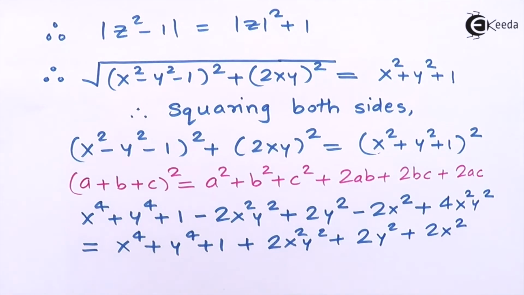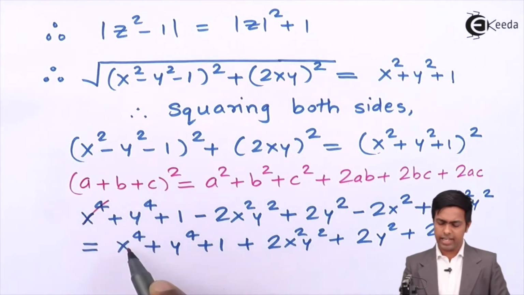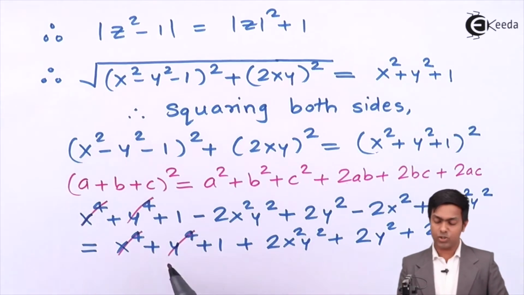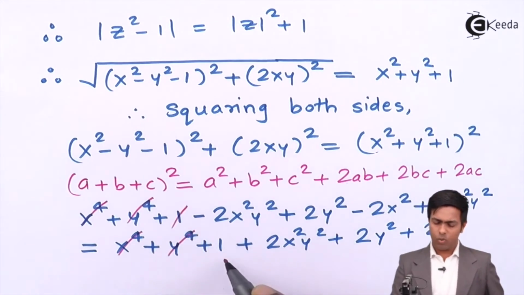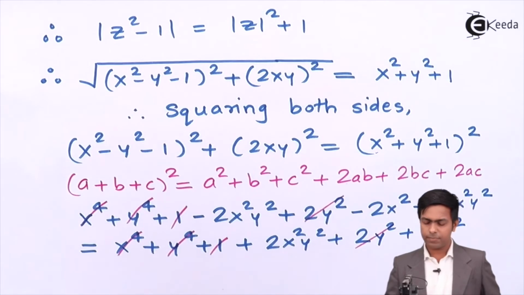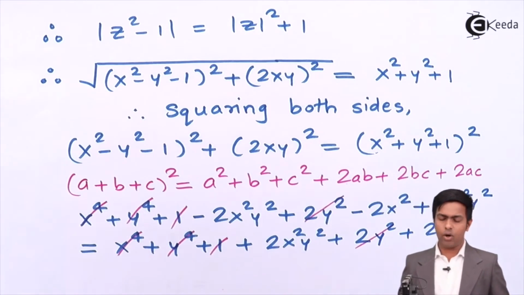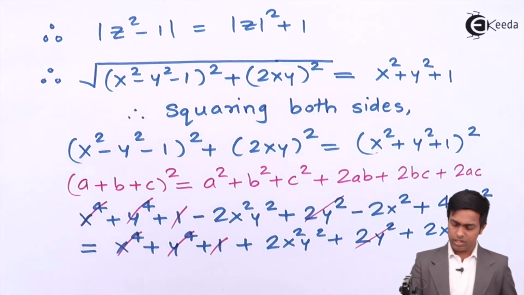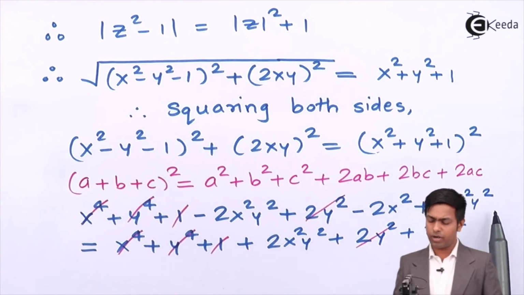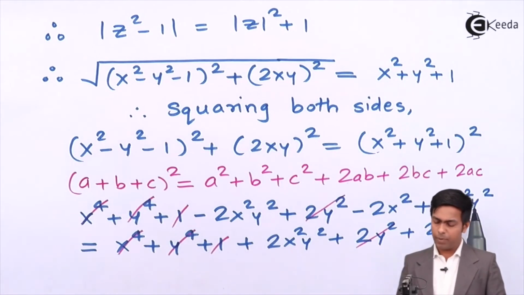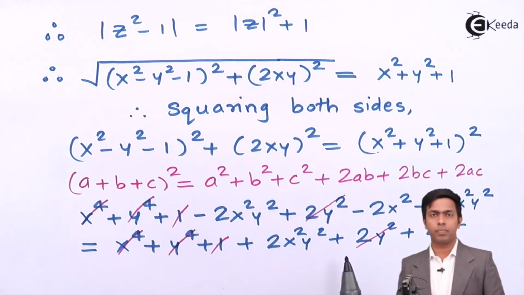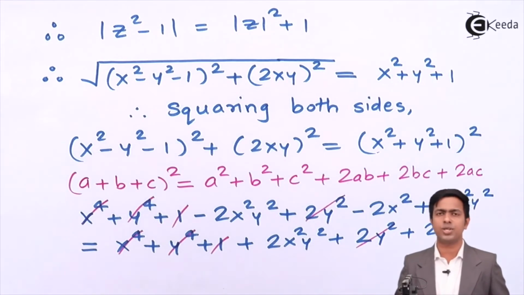Now guys, let's cancel the similar terms. I can cancel x raised to 4 with x raised to 4, y raised to 4 with y raised to 4, then 1 with 1, and we can cancel 2y square. Then we write the remaining terms. Minus 2x square y square plus 4x square y square becomes plus 2x square y square, and on the right hand side we also have plus 2x square y square, so those terms cancel as well.